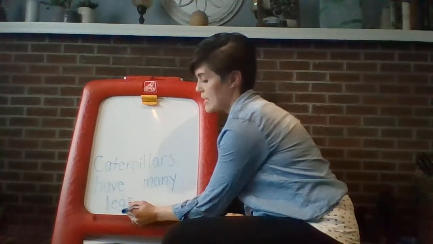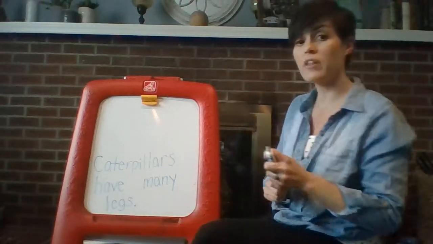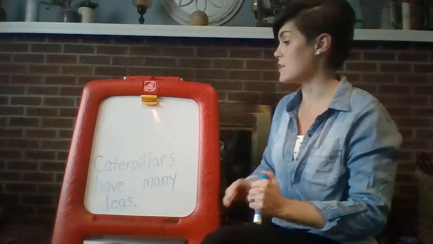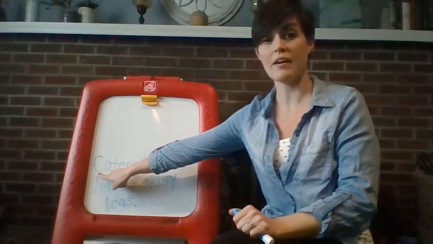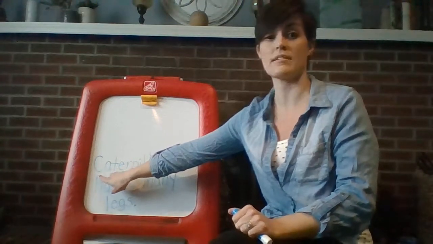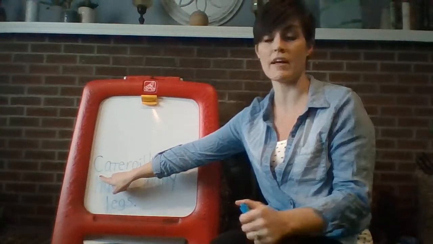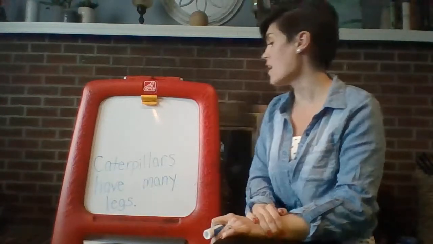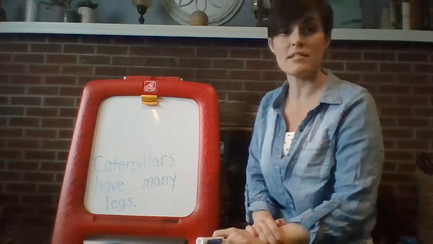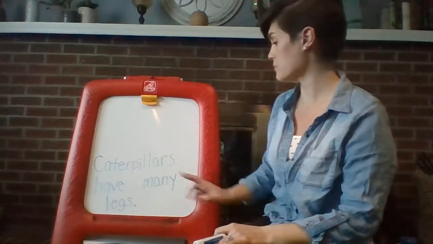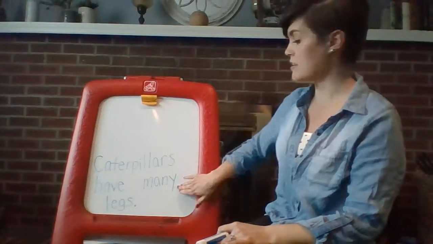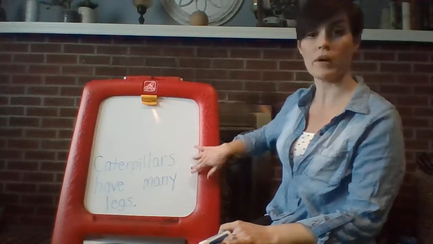Okay? I need to go back and check that I have all of the things that make a good sentence. Does my sentence start with an uppercase letter? It sure does. A sentence has to have an uppercase letter in the beginning that shows you that that's a new sentence. Does my sentence have finger spaces in between each of my words? There's a finger space here. I didn't try to squeeze words in where it wouldn't fit.